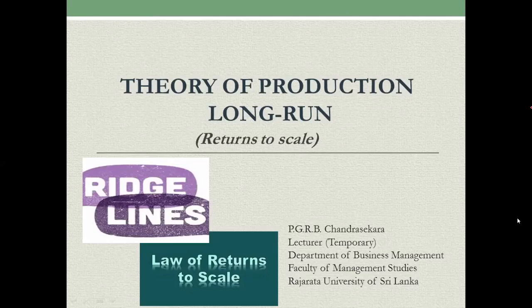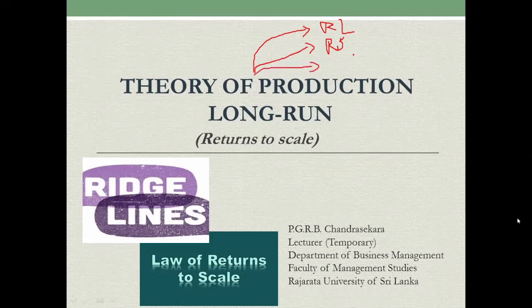In the first part, we are going to talk about the ridge lines, and then we are going to discuss returns to scale, and then the Cobb-Douglas production function. We are going to discuss these 3.